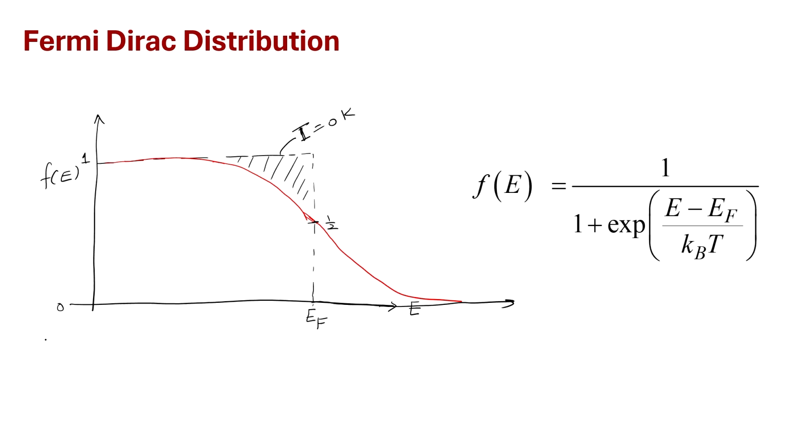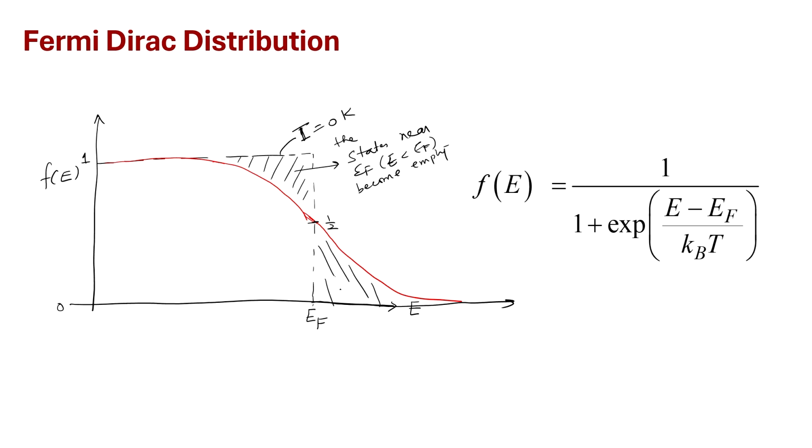So, depending upon the magnitude of energy, the states near Ef, that is E less than Ef, become empty because electrons have gone here.